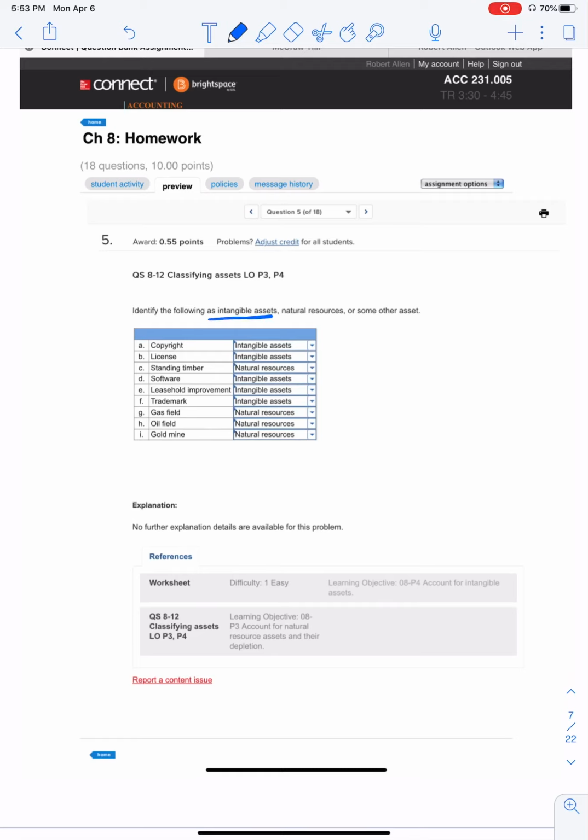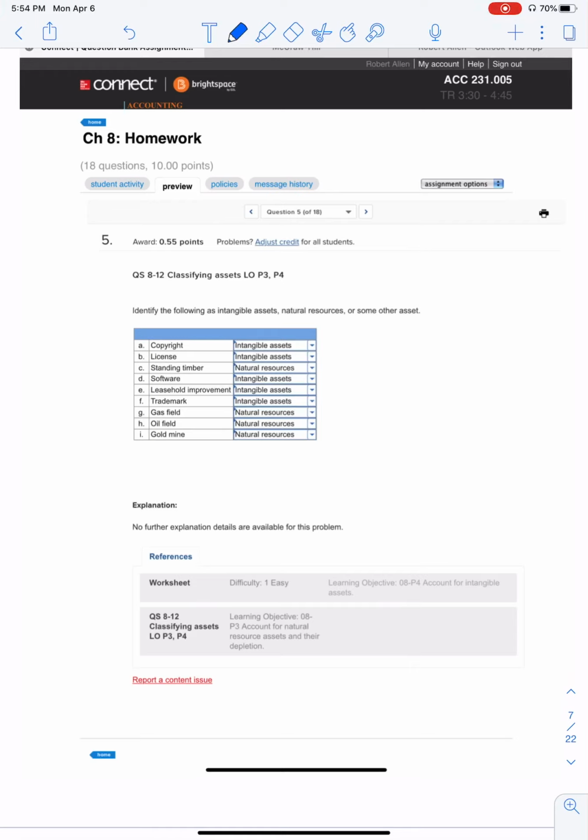So what is an intangible asset? This is something we haven't really talked about up to this point in the semester. What an intangible asset is, it is something that does not have its value in what it actually is. Sounds a little confusing, so let's unpack that a bit.